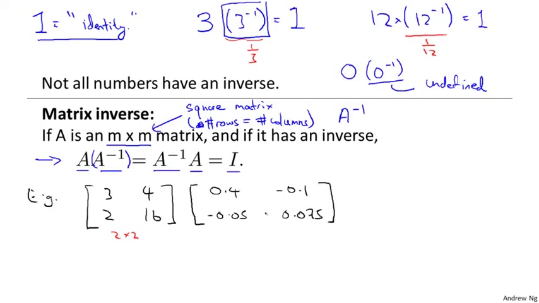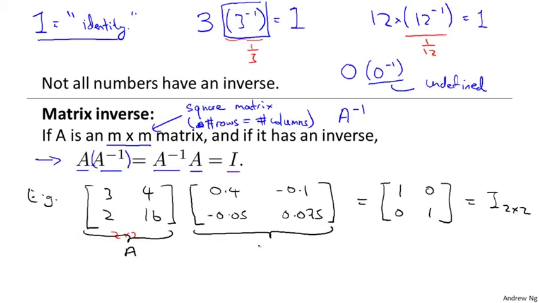If I multiply these together, what I get is the 2 by 2 identity matrix, I. I can write this as I 2 by 2. On this slide, this matrix is the matrix A, and this matrix is the matrix A inverse. Here I've computed A times A inverse. It turns out if you compute A inverse times A, you also get back the identity matrix.